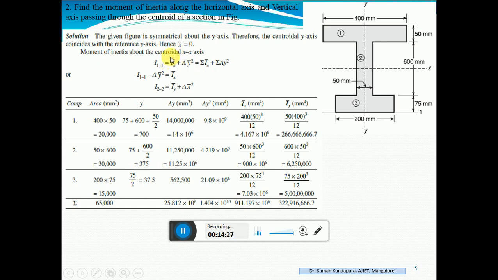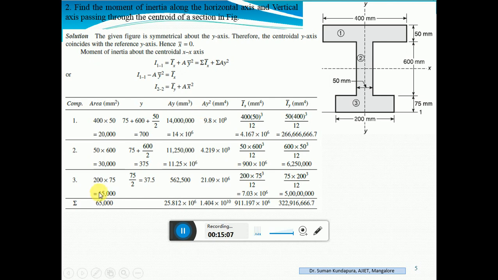We do not know Ix bar, so I will write it as summation Ix bar plus Ay squared. From there I will find out I11, and from that minus total area into y bar distance, I will find out, and you will get Ix bar. Ix bar is the moment of inertia about the x-axis.